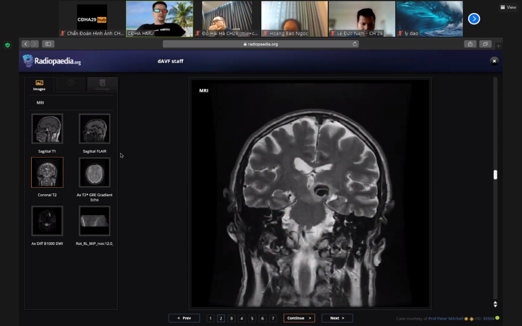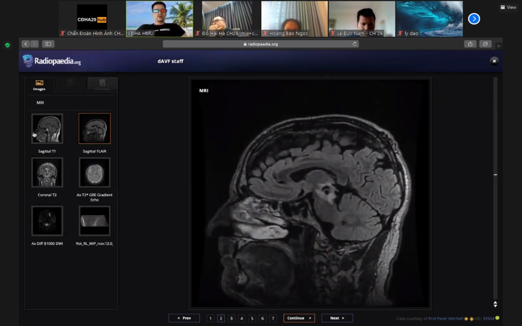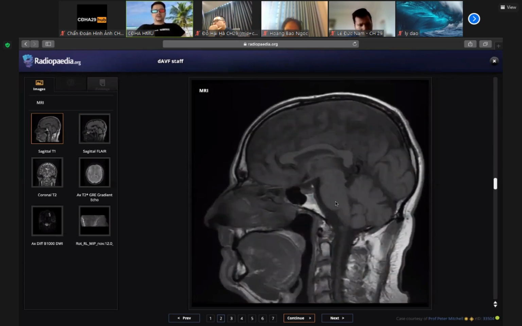Based on the non-contrast imaging, I think it's very hard to say whether it is an AVM or a dAVF.